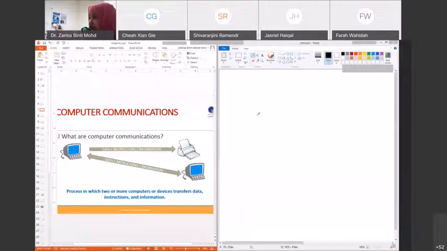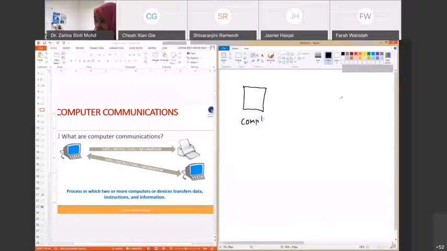So you can imagine that when we have two computers or devices in a computer system, let's imagine we have one computer over here, COM1, and then we have a COM2, computer 2.